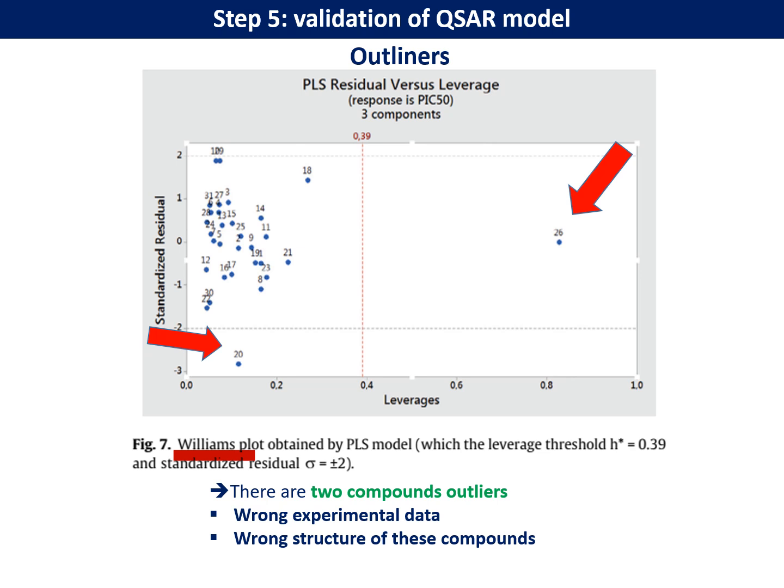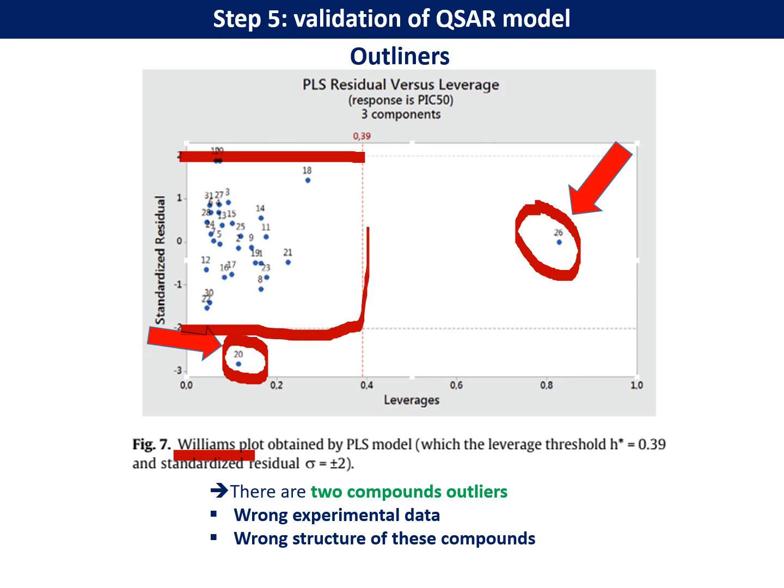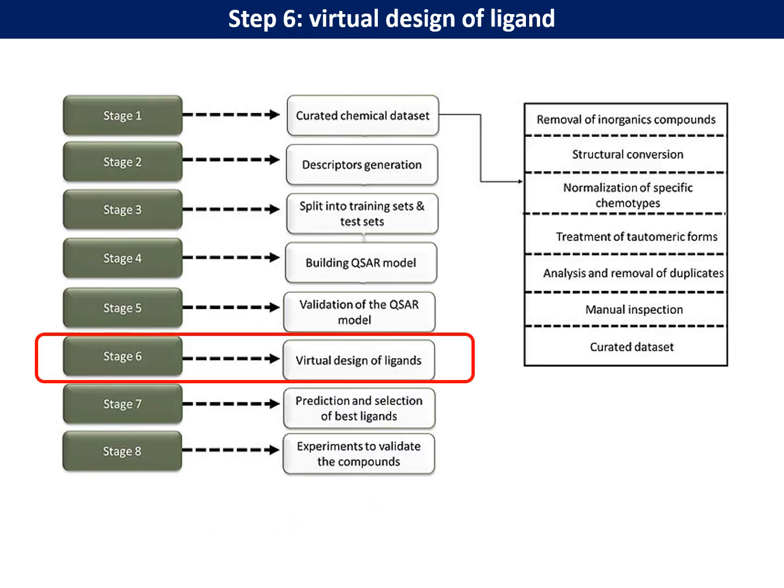Here I found two compounds, compound 20 and compound 26, outside the square box. We can explain that these two compounds may have wrong experimental data or wrong structures, so I need to exclude these compounds from my data set.